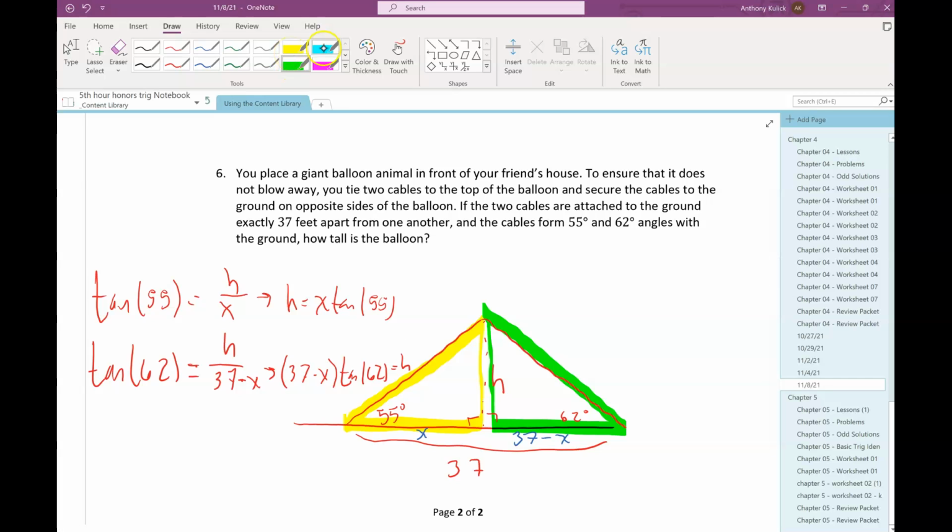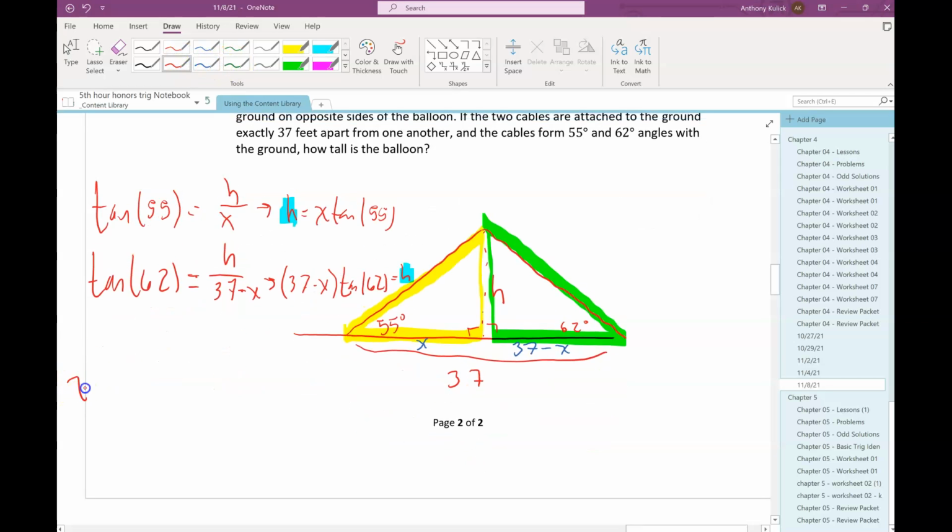I notice both of these are equal to h, so I can set them equal to each other. That gets me down to one equation with one variable. We'll distribute the tan 62 through, and then move the x's onto one side.